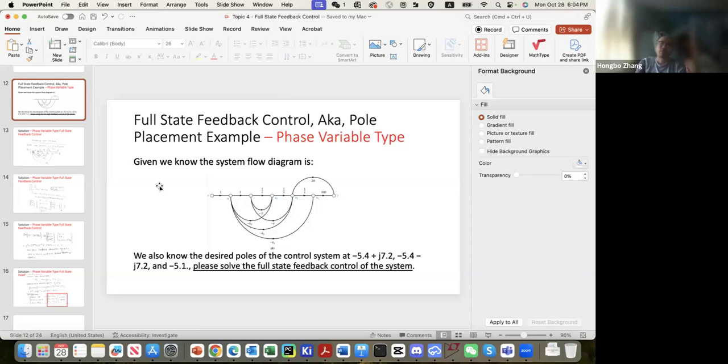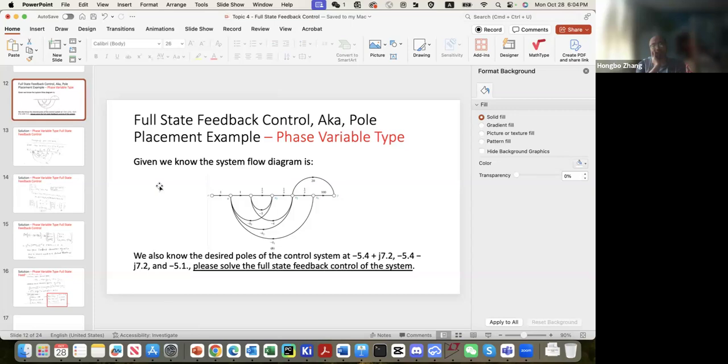So tomorrow, actually, we do a more complete example in lab, okay? Let's try to finish up this one.